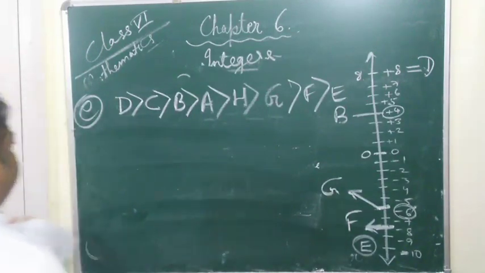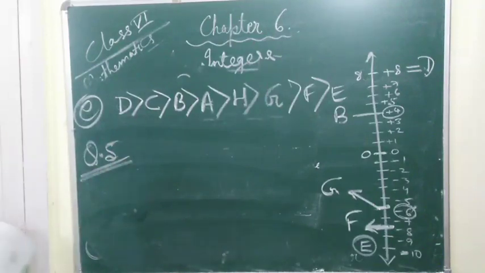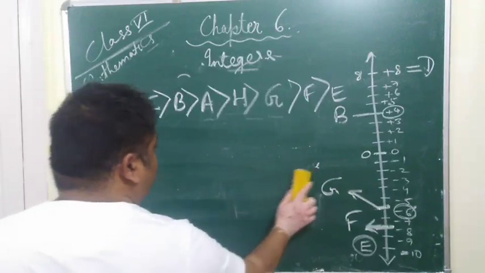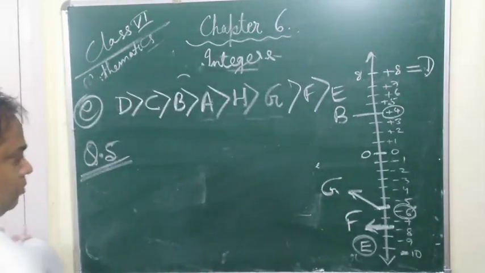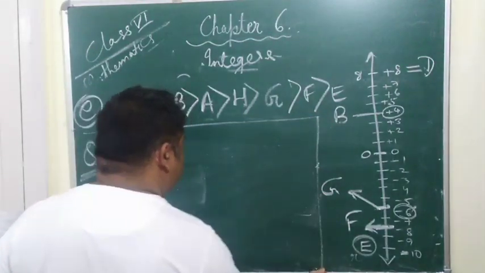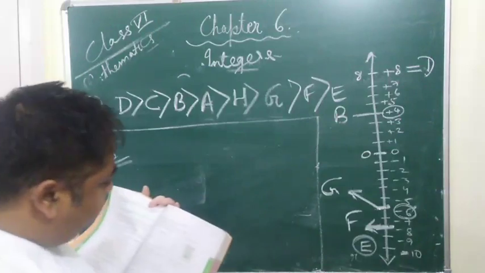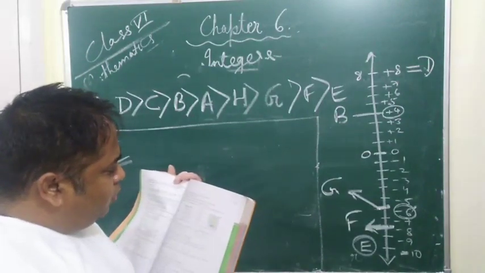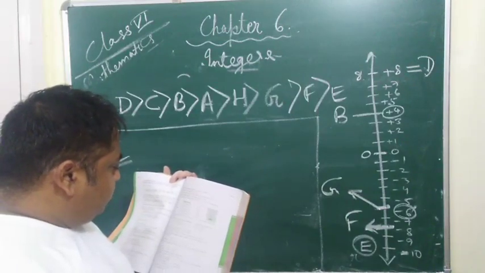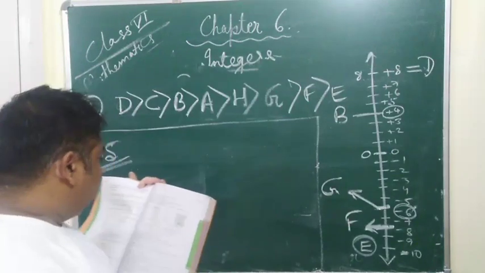Now question number 5. Following is the list of temperature of 5 places in India on a day of the year. Write the temperature of this place in the form of integers in the blank column.